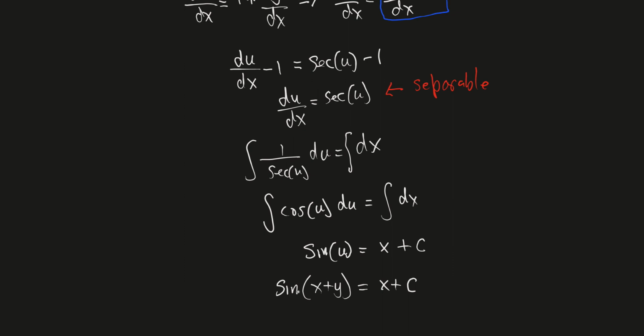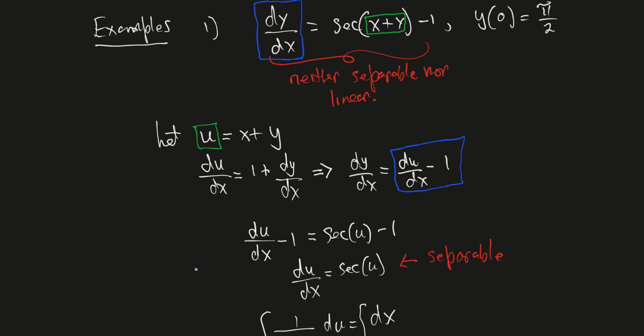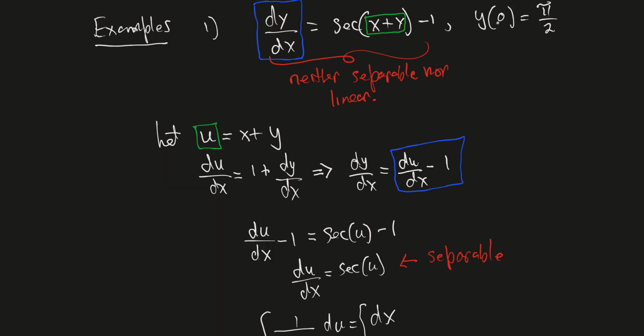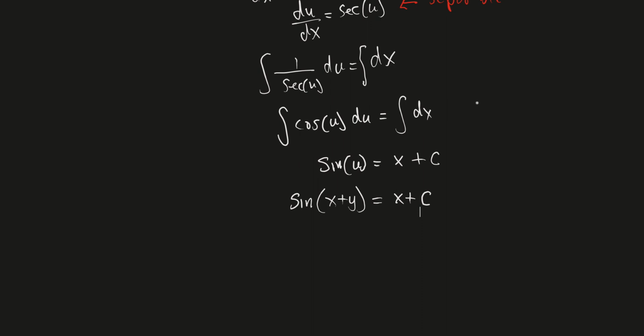At this point, let's go ahead and use our initial condition. Our initial condition, just to remind you, I believe it was when x is 0, y is equal to pi over 2. Okay? So let's utilize that.